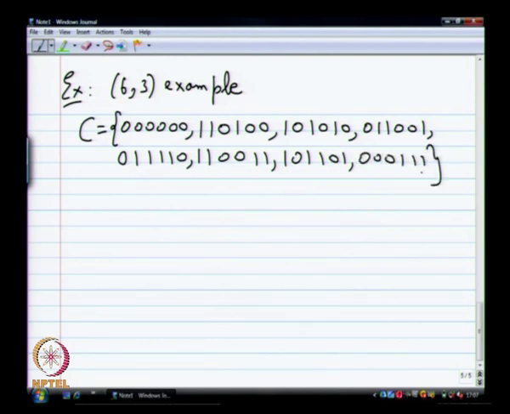Am I right? So, this is the 6,3 code. This is the same code that we have been using all along from day 1.